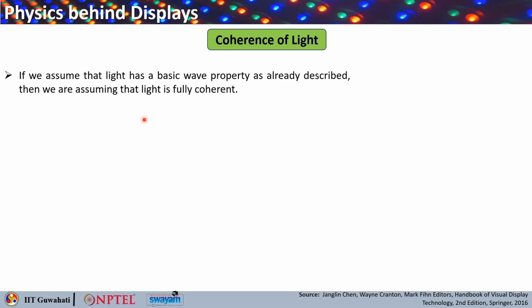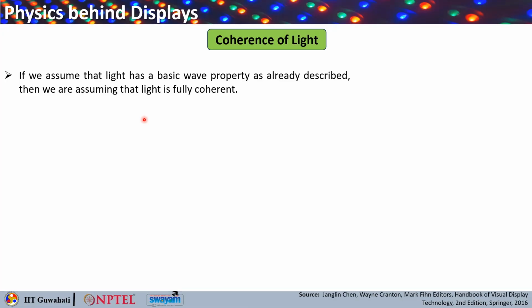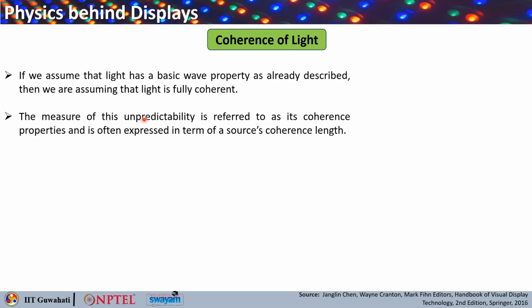Unfortunately, such light sources are very rare, where the photons are all in the same phase relation. Even the highest quality laser light source will have some degree of unpredictability. The measure of this unpredictability is referred to as its coherence property, and it is expressed in terms of the source coherence length.